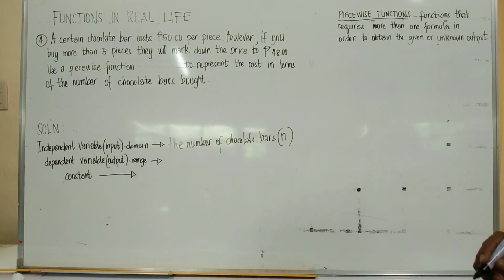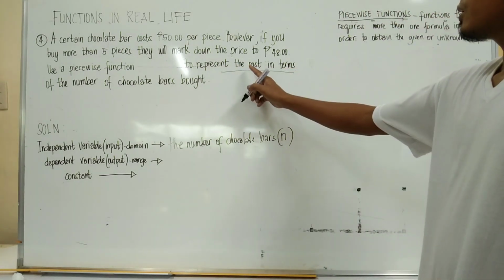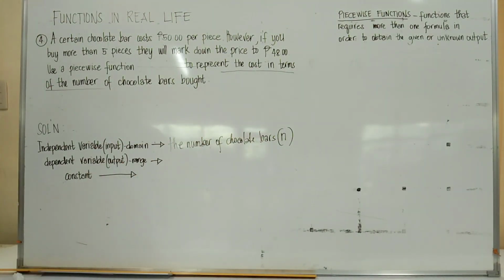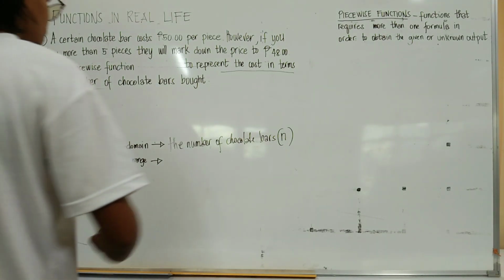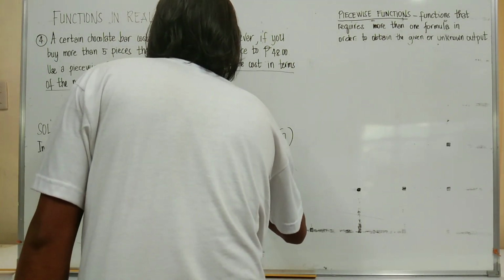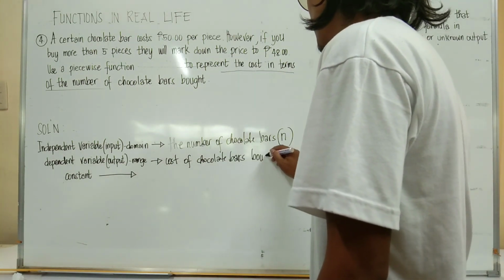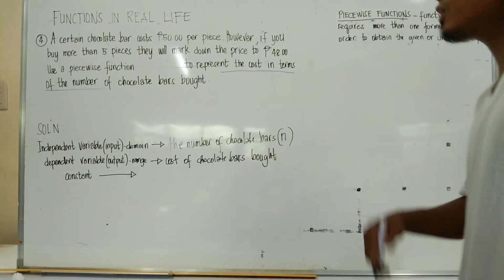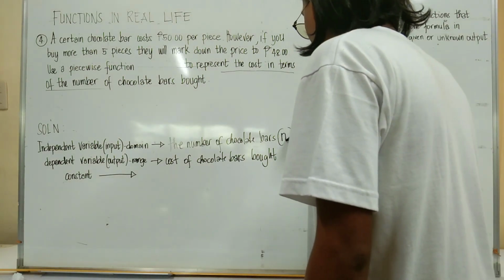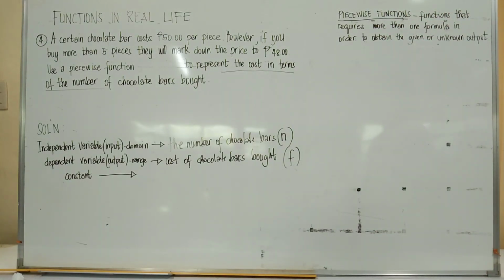Okay, and for our dependent variable, we will use, or as stated in the problem, it is the cost. So it will be the cost, or the total cost of chocolate bars bought. So as a basic notation for our function, let us use letter F. Okay?